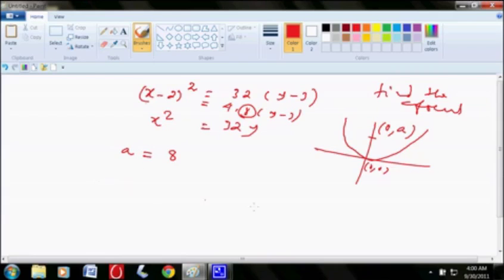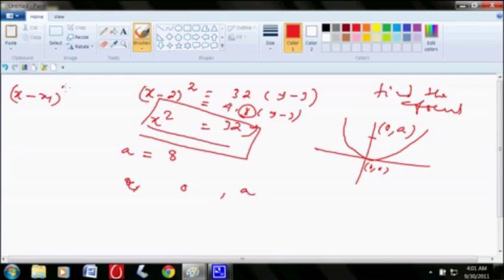Now the actual parabola, had the parabola been like this, its focus would have been (0, a). Now, as this is not like this, but is in the form of (x minus x1) whole squared is 4a into (y minus y1), just add an x1 here and add a y1 here. That's it. It's (0, a) originally.